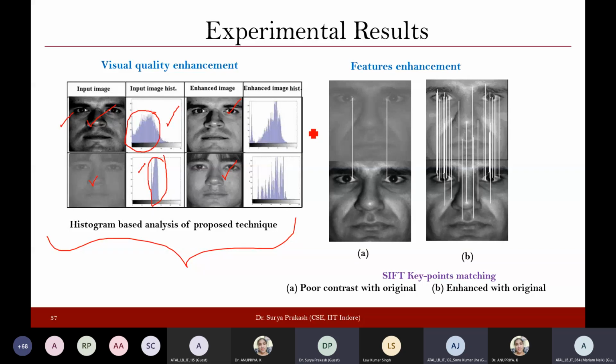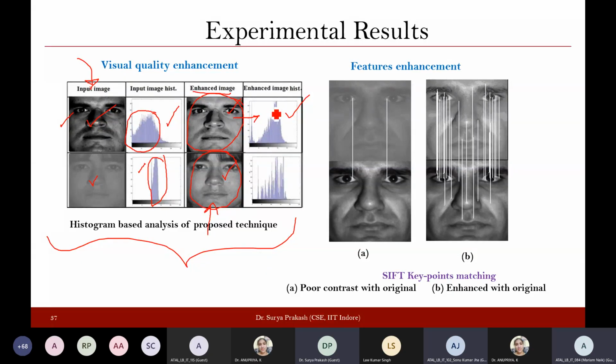When this algorithm is applied, these are the two samples, and if you compare the histogram we are getting here, it has a more uniform distribution compared to the input image. The betterment that you are getting we can correlate with the histogram as well.